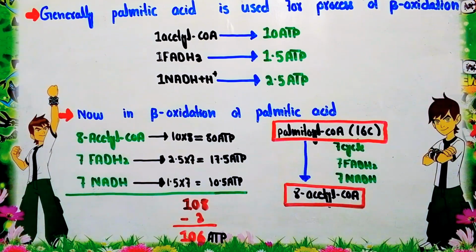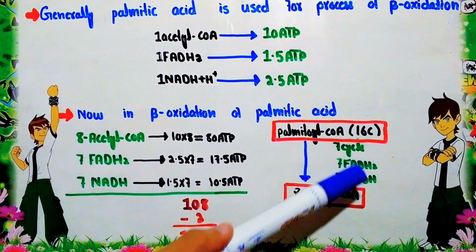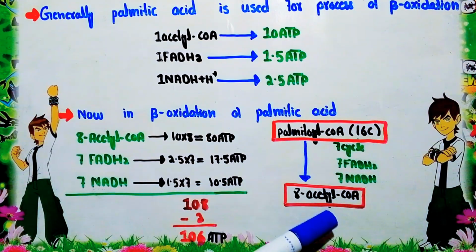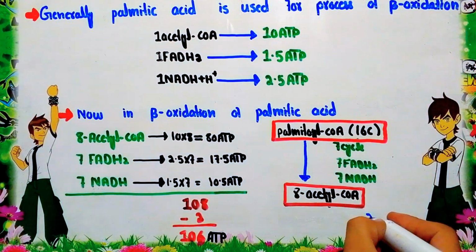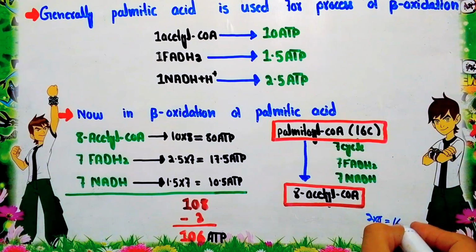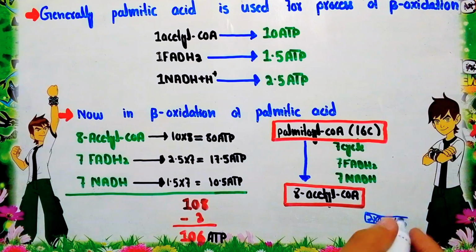Complete beta oxidation of palmitoyl coenzyme A gives 8 molecules of acetyl coenzyme A. Acetyl coenzyme A is a 2 carbon compound, and palmitic acid is a 16 carbon compound. If we multiply the 2 carbon compound by the 8 molecules produced, it gives again 16 carbons, which is the palmitoyl coenzyme A.